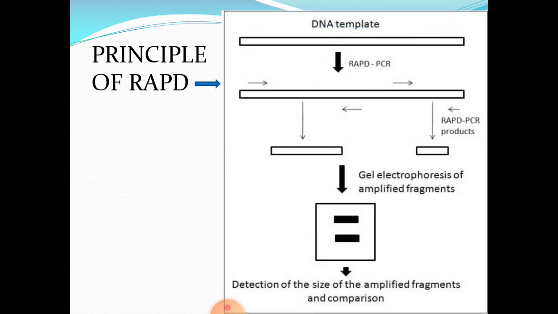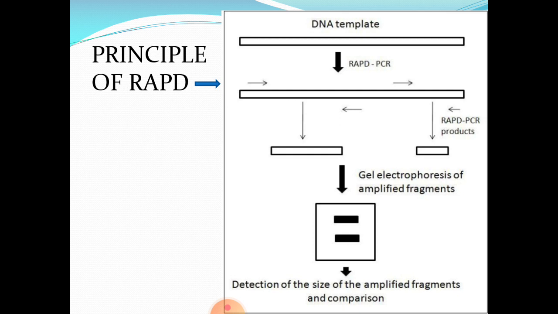Then, what is the principle of RAPD? What exactly is done? See, in the diagram you can see the DNA template, and you are going to subject it to RAPD. You are going to put the primers randomly, and then the PCR reaction will take place. So you will get RAPD PCR products.